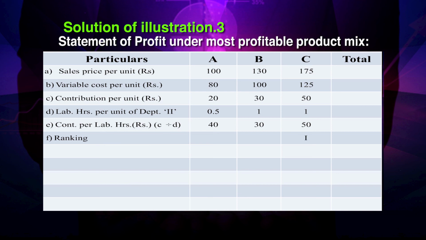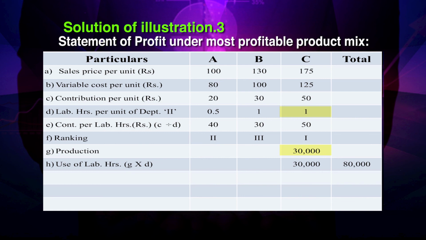As product C is having the highest contribution, that is ranked 1, A ranked 2nd and finally, the third rank to product B. Now, production. Based on the first rank, we will select maximum production of product C, that is 30,000 units. These 30,000 units need 30,000 labor hours out of the available 80,000 hours.